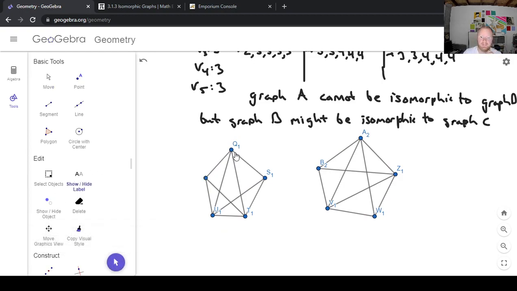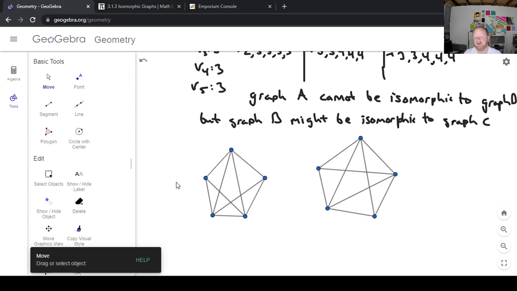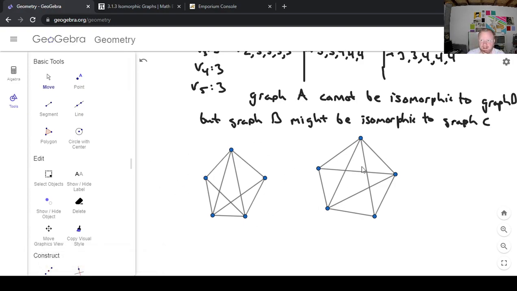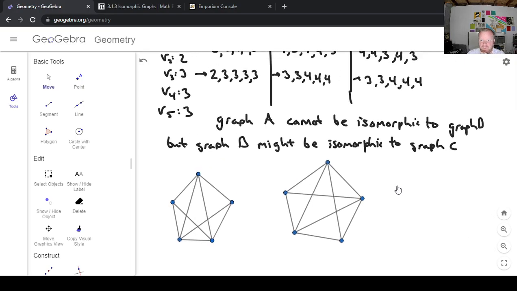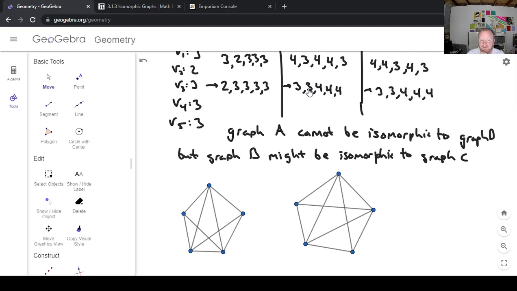So I can take advantage of the fact that I know that these have the same valences to try and move my points around. So I'm going to stay away from labels for just a second here and try to think about instead these two spots that have valences of 3.